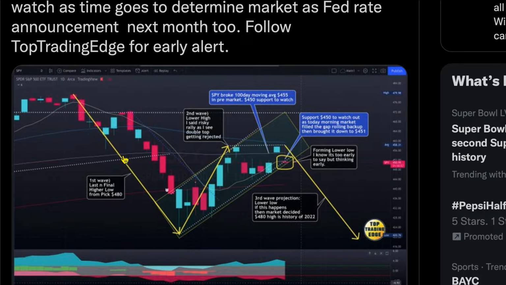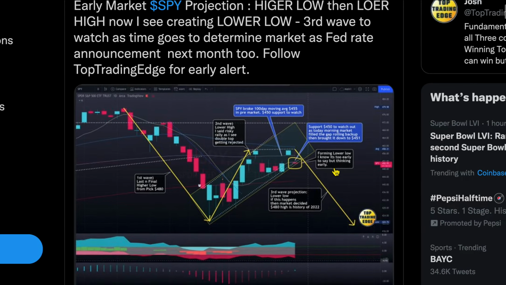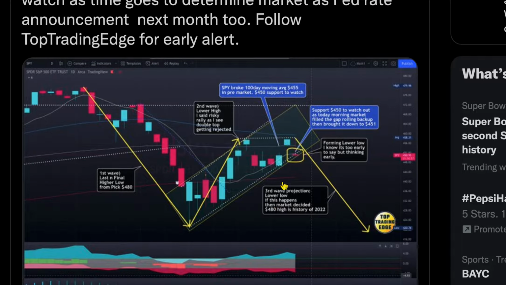Though the market is climbing high, what I'm saying here is this bear flag is in play and forming a lower low. I know it's too early to say, but I'm thinking early. See what I'm saying?